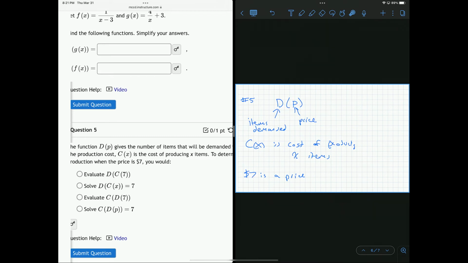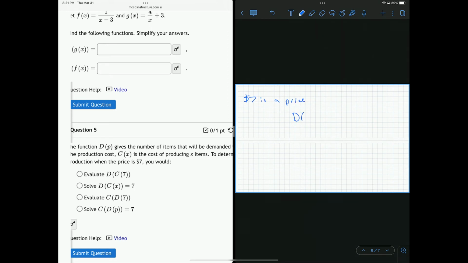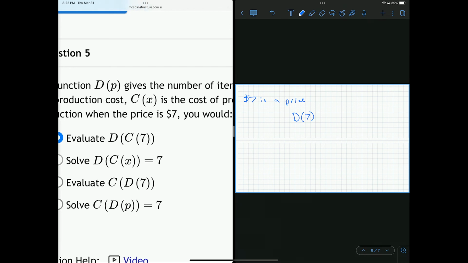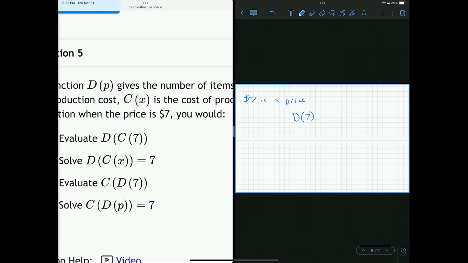So the 7 goes into the d equation. So you've got d of 7. Somewhere you need to have d of 7. Looking at these examples, it says d of c of 7. That's wrong, because 7 is a price. It can't be plugged into c, because c doesn't take a price. It takes x, which is items. So that's wrong.